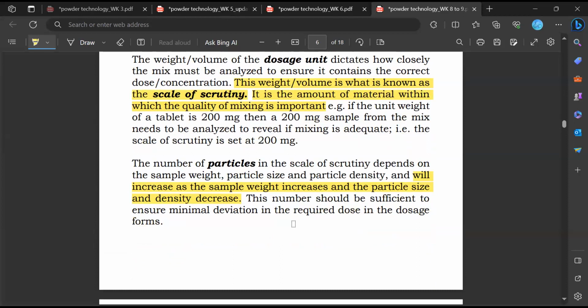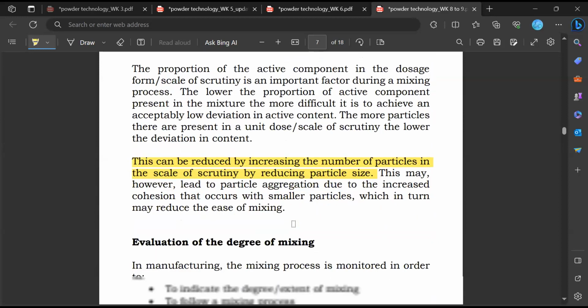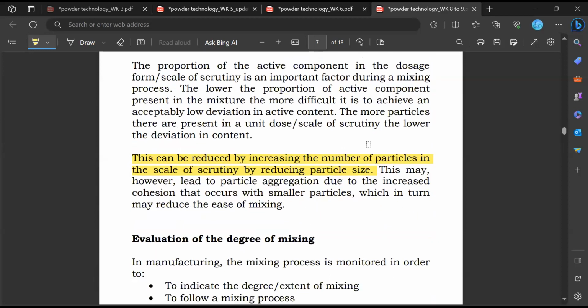If you want to increase the number of particles, you increase the sample weight, but you decrease particle size and density. And we need the lowest deviation in the content. Again, you increase the number of particles by reducing the particle size.